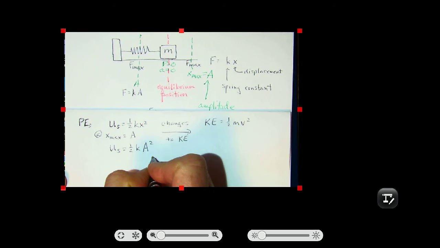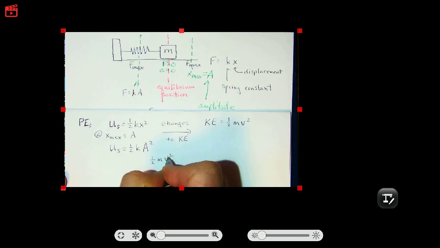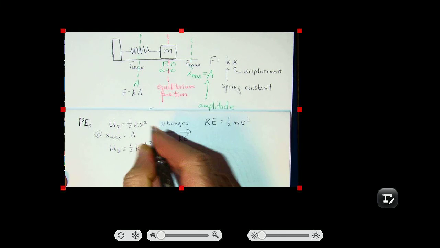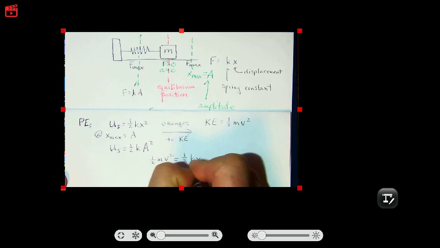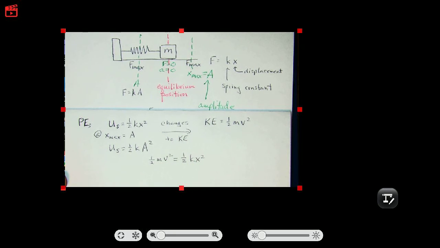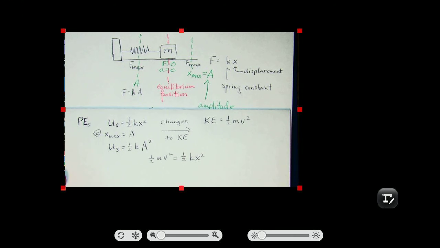So I can say 1/2 mv squared is equal to what our potential energy was, 1/2 kx squared. I think we did a couple of problems like this back when we were talking about energy.